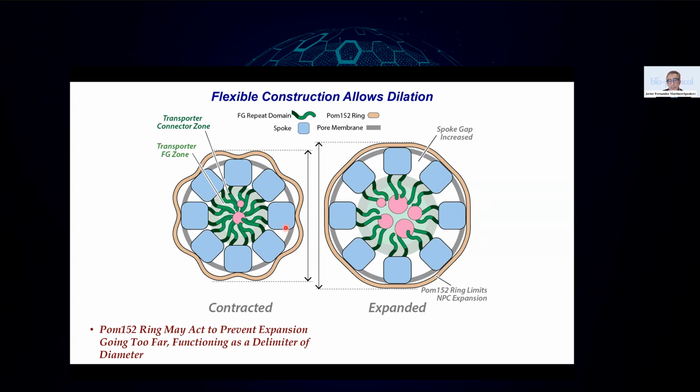Each of the spokes don't change massively in their conformation. What is going on is that they separate from each other, leaving these gaps, and also expanding the diameter of the central channel, which we think might have implications for several transport pathways that go through the NPC.